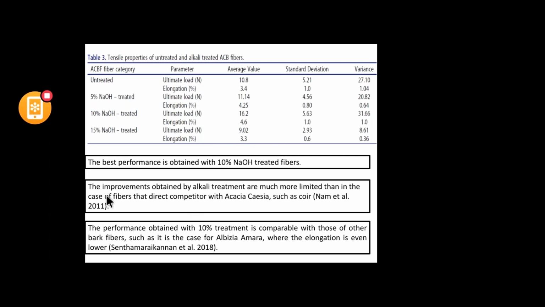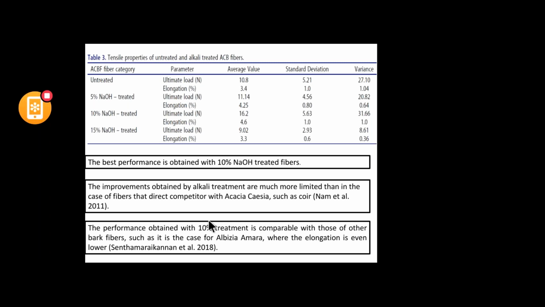This statement was mentioned by Nam and colleagues in 2011. Yet in most cases, for the enhancement of the tensile property, 5% NaOH treatment was deemed sufficient, acting rather on the time duration to promote the alkali penetration.